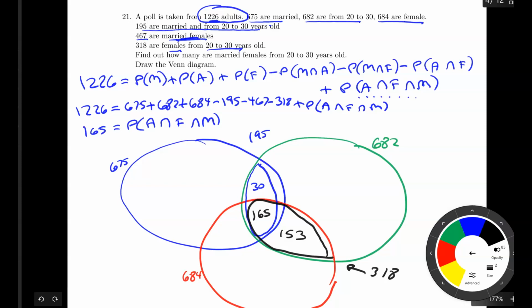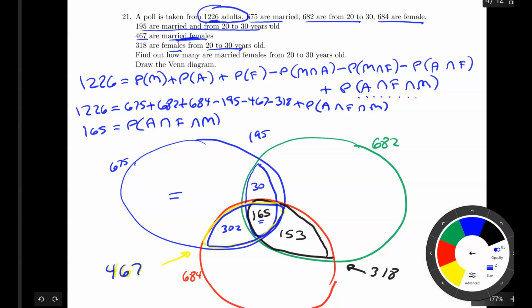And one last deal, so I've got the married and female. So I'll just do yellow, I guess. There we go, yellow. This number in here has to be 467. I can hardly read that. Let's go back to black, blue. And so if this is 467, here to here, and I've already got 165, this must be 302.